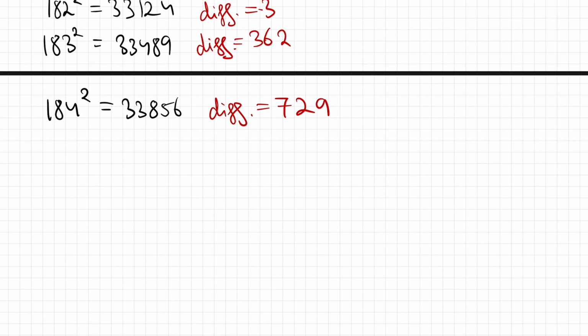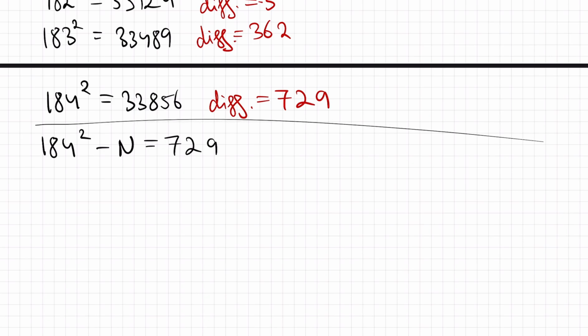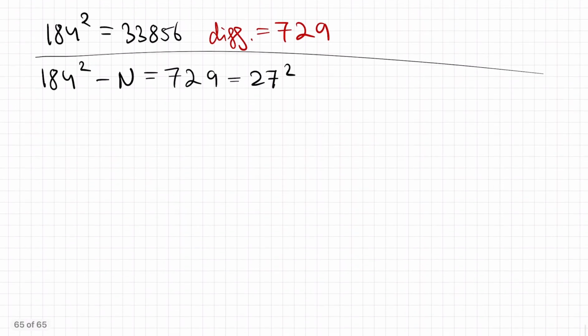So we know, since we can write 184 squared minus n is equal to 729, and we know this is equal to 27 squared, now you can see how this can be used to work out some prime factors.